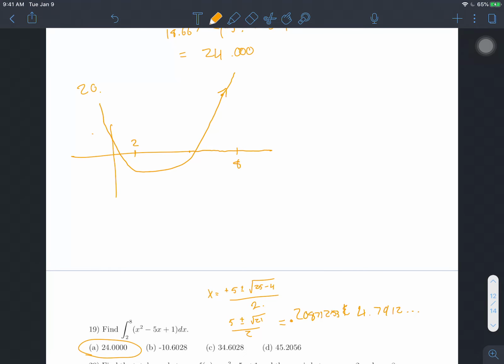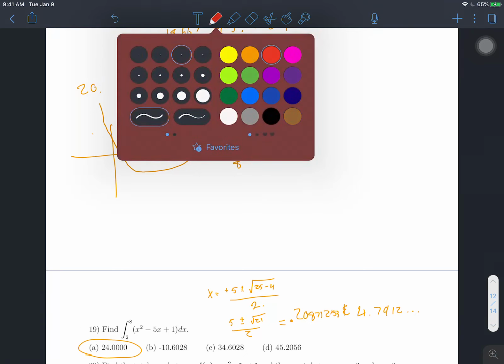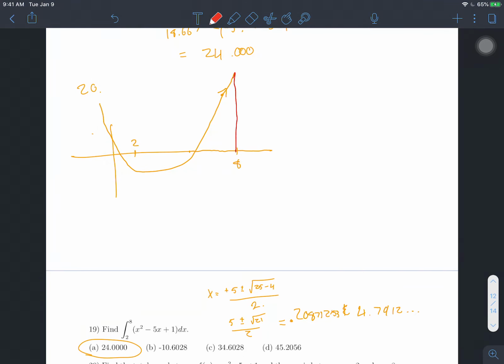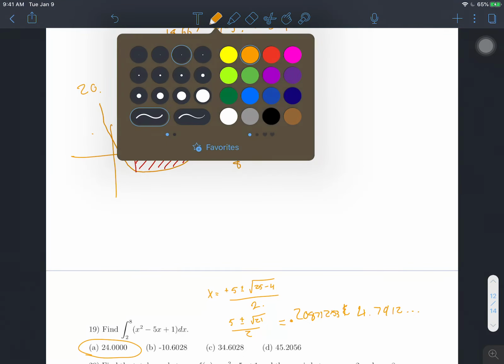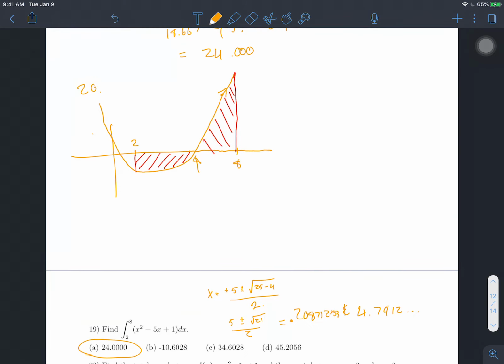And what we're supposed to do is find out what is the total area which is trapped between this function and the x-axis between these two bounds. So, in particular, this is the point 4.7912. Why don't we write it in its other form?